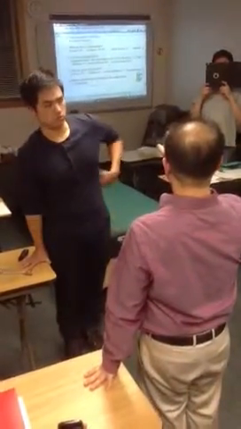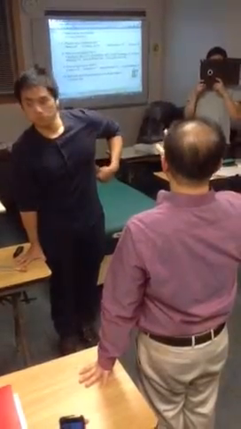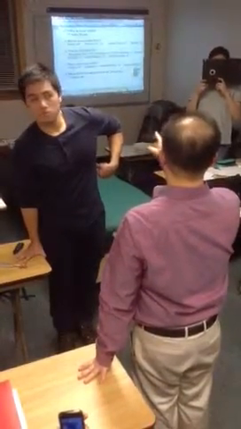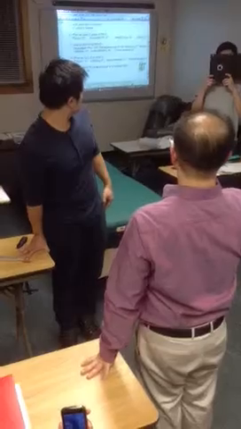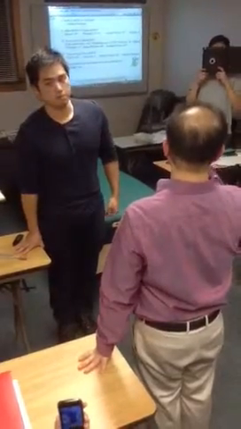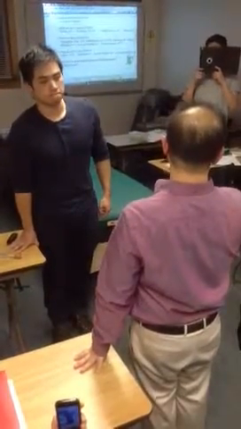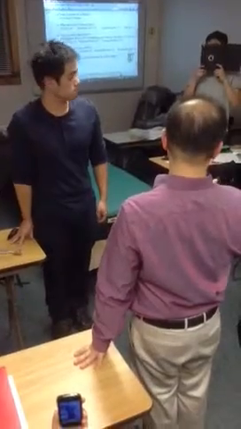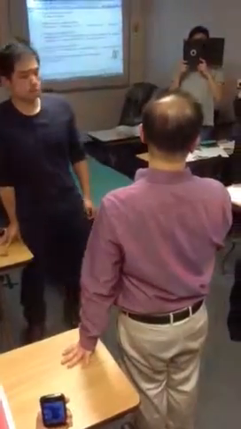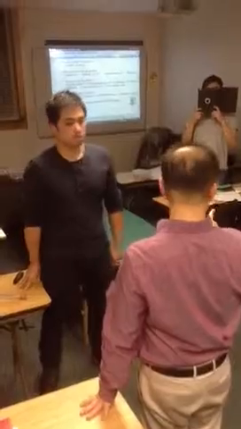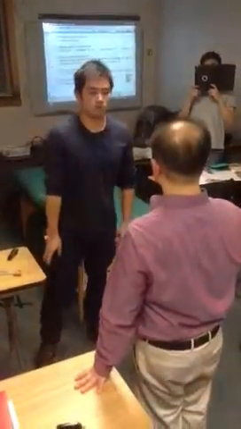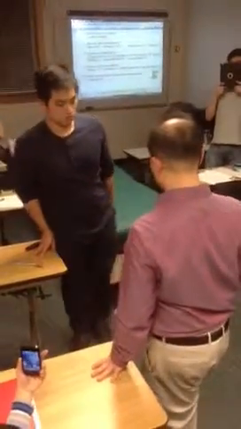I will do the abduction first, and internal and external rotation. The flexion and extension I will do later. So, can you follow my movement? Can you do this? That's abduction. Can you do like this?